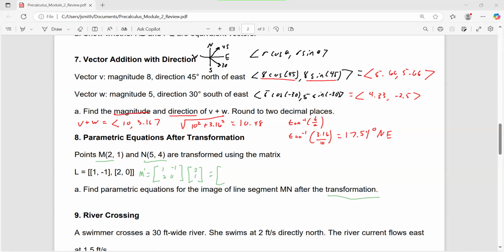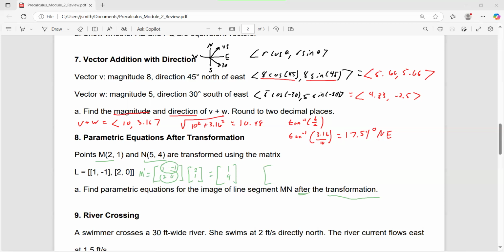Negative 1 times 1. So 2 minus 1 would be 1. So that's row times column. What's the next row times column? Perfect. So it'd just be 4. So 1, 4 would be your new point. So I want you to find MN after the transformation. That was the key to that word, after.